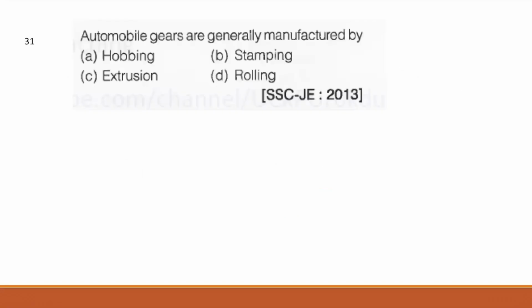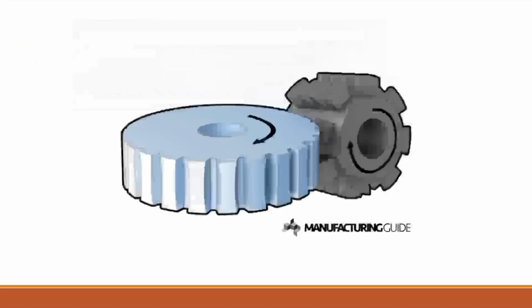Now the 31st question we are going to discuss. The automobile gears are generally manufactured by. So we have the gears are manufactured by hobbing process. So here is the hobbing process.